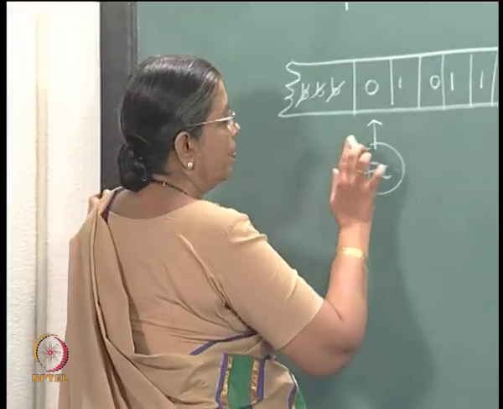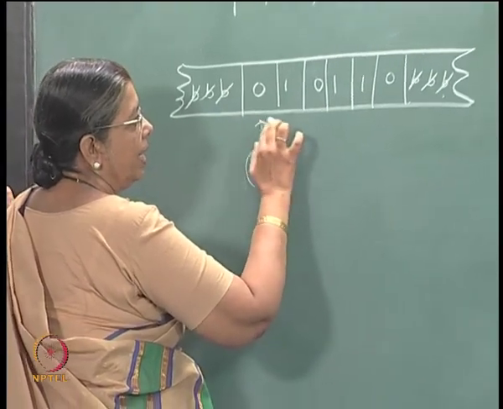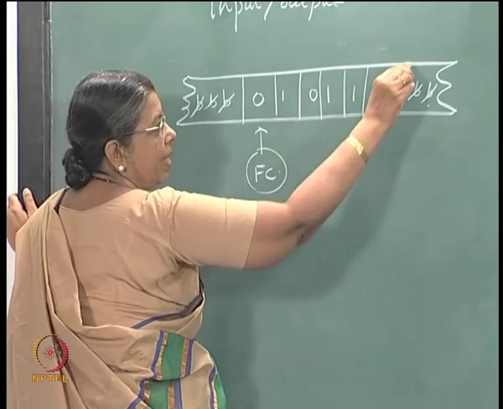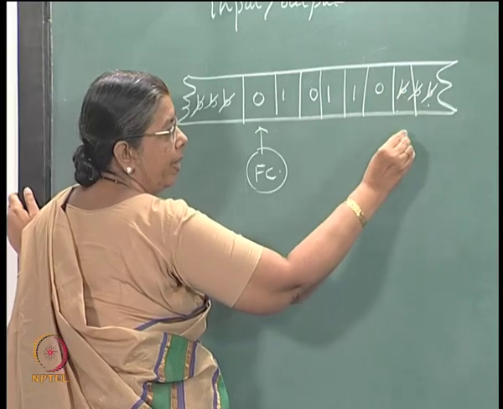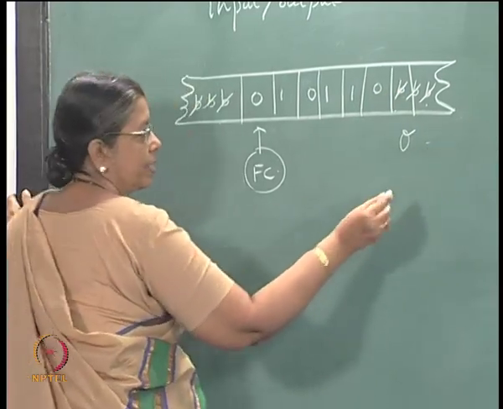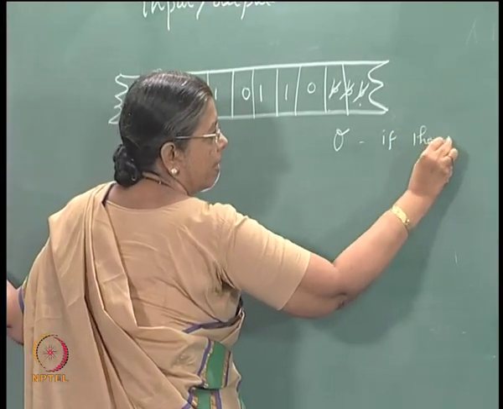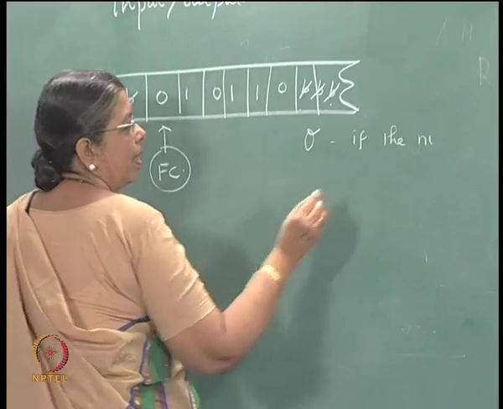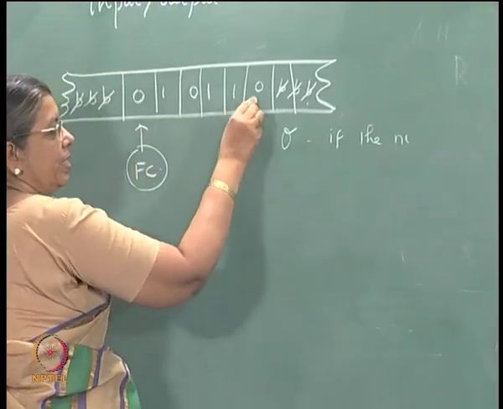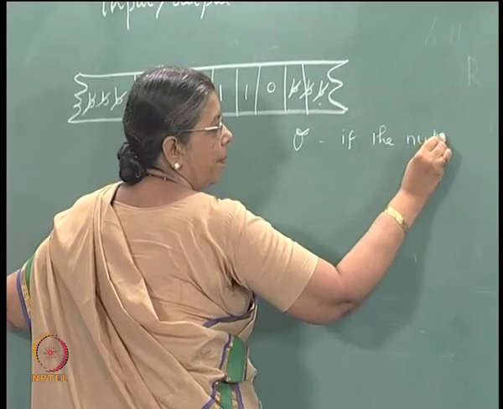So, this machine reads this whole thing, and in the first blank symbol it writes an O if the number of ones is odd. I am writing O and 0 differently to differentiate.